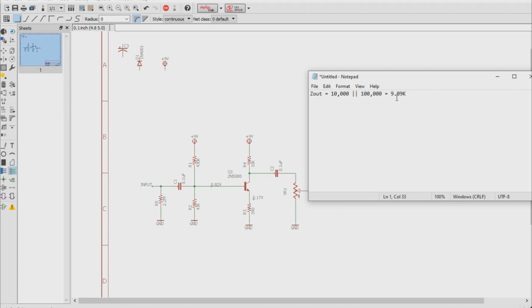That's not bad. You typically want to have your output impedance, if this is at the end of a circuit, under 10K. But you try to get it even lower than that. You try to get it closer to 1K if you can. But this is acceptable, we'll put it that way. It may not play nice with pedals in front of it as it goes higher, but that's still within the tolerance level.